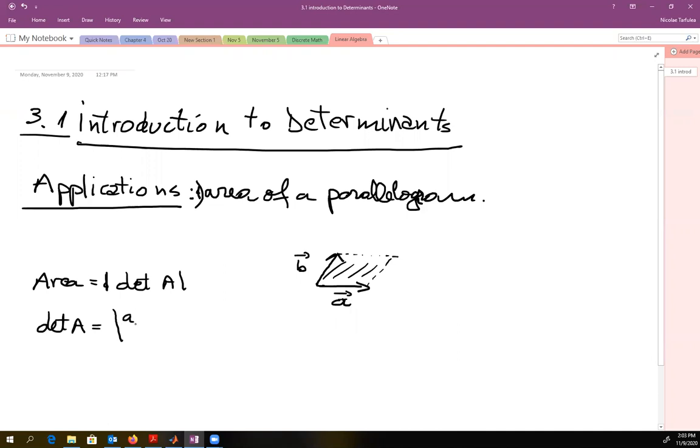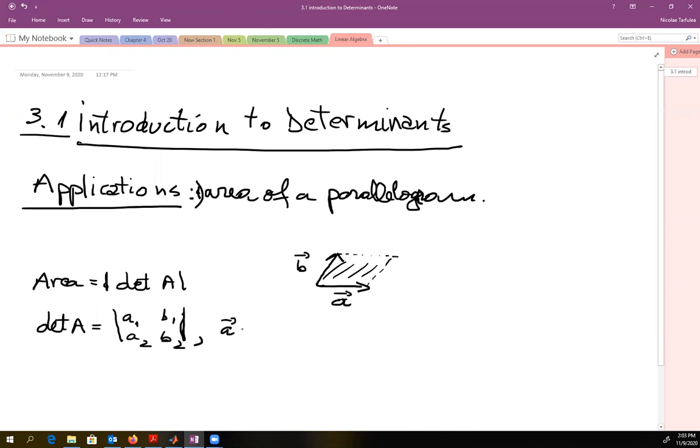So here you have A1, A2, B1, B2. I'm really sorry about my handwriting; the tablet is not cooperating too much now.